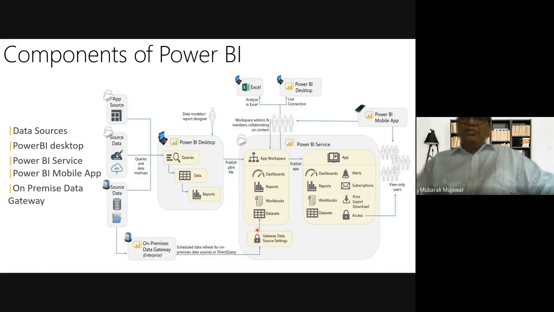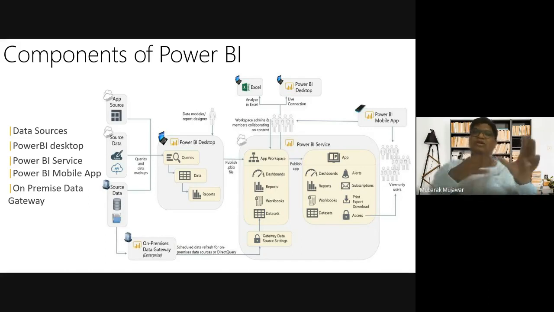In addition to that, we also have the gateway data source setting. If I go back to it, over here I have the on-premise data gateway. It is a gateway which connects to different data sources, and I'll talk about it very soon in the next minute.